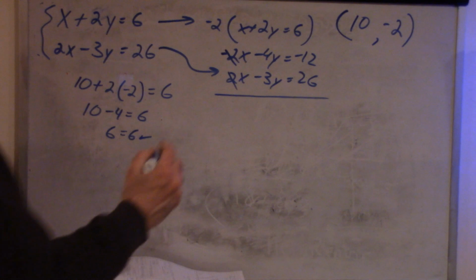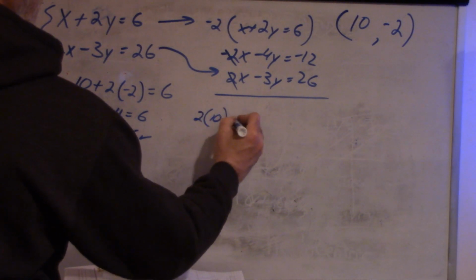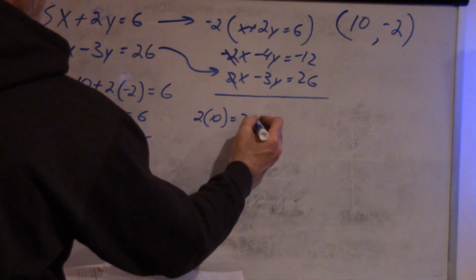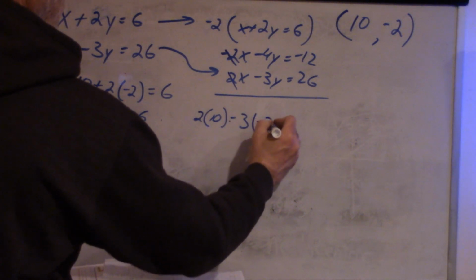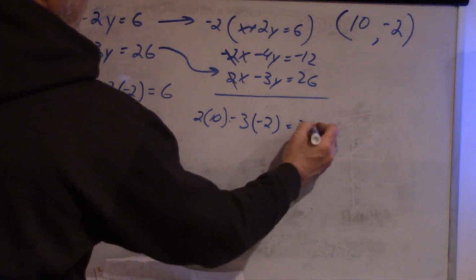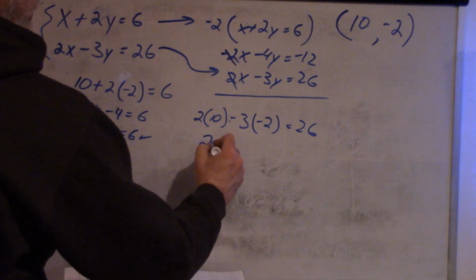Let's try for the second. 2 times 10 minus 3 times -2 equals 26. Well, 2 times 10 is 20.